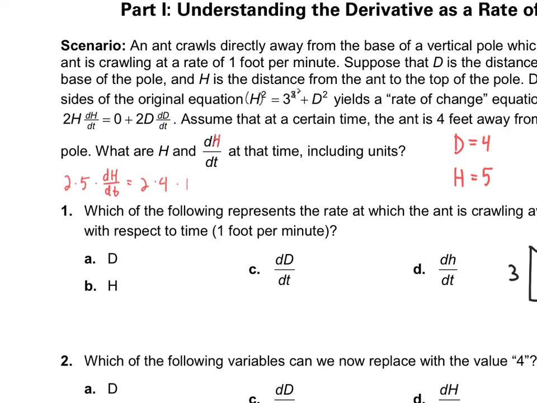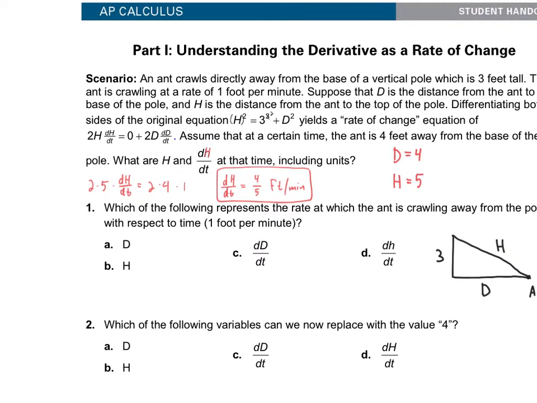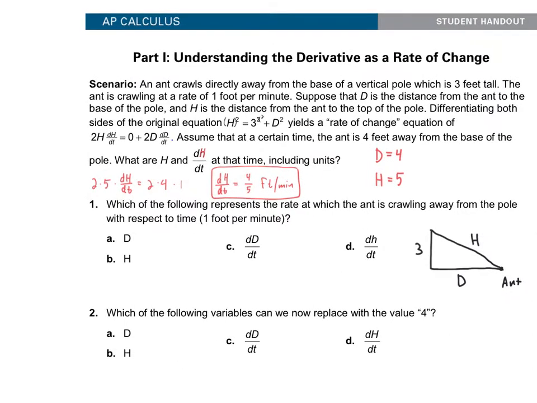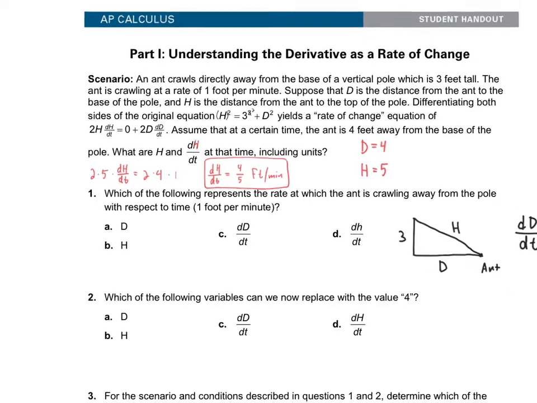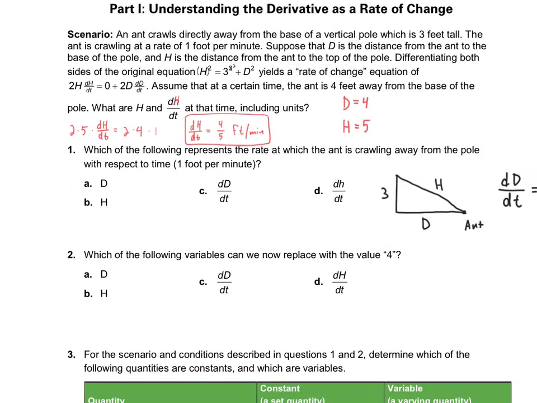Okay, and then just solve for dh dt, and we'll simplify that to 4/5. Okay, and in this case, any kind of rate of change is all going to have the same units. All right, those are the two answers to that.